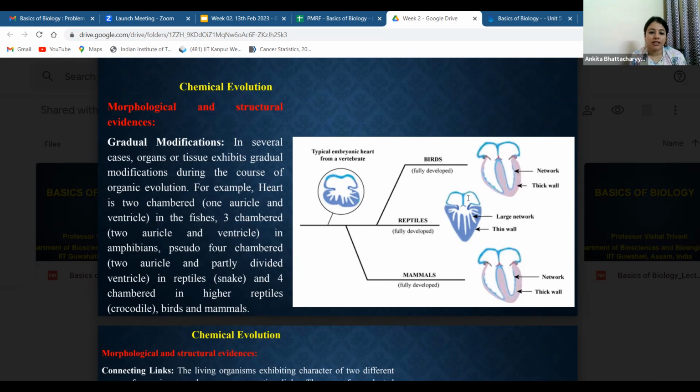There are actually three-chambered hearts, and there are pseudo four-chambered hearts in particularly reptiles. In this question, we had amphibia, but you should have some recollection of each of these different types, because you can be asked from any of those. So that is supporting the idea that modifications are occurring over a period of time, and you can see them take place gradually.